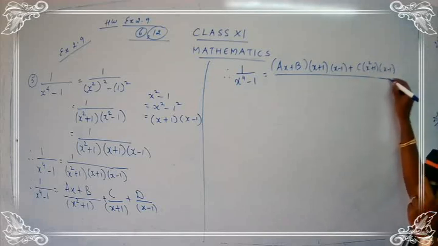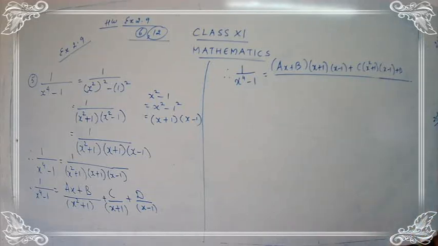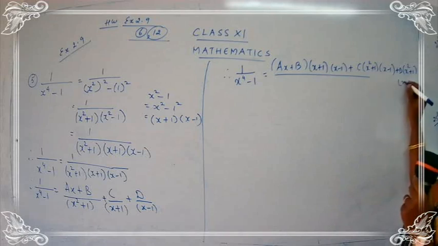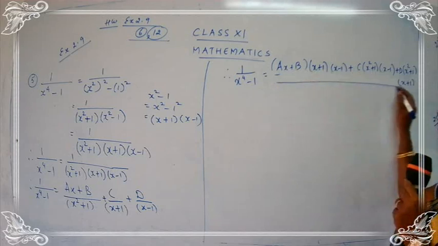Plus d. For d what are you going to multiply by? x square plus 1, x plus 1. Try to write it together, children.